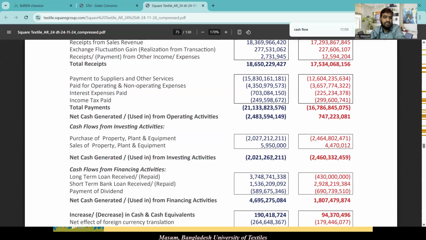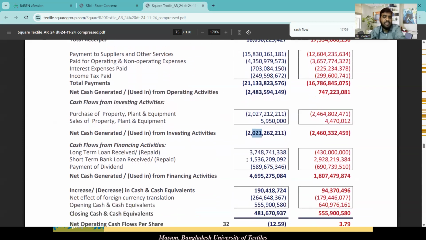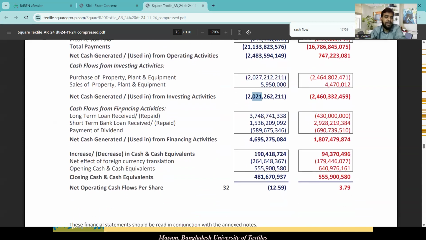Outflow is more than inflow. So in operating activities and also in investing activities, the balances are negative. So this will be offset by the cash flow from financing activities.